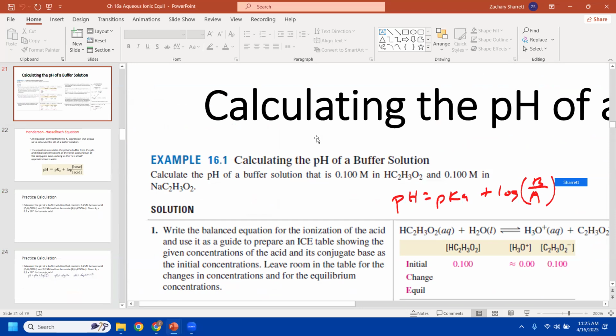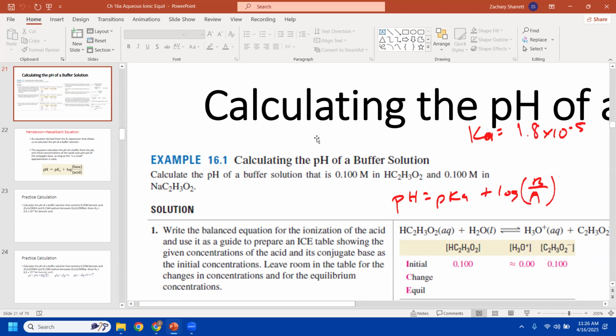And what was that value that you were asking about, Nana? The Ka value? What was the Ka value for this one? You have it in your notes? It's like 1.5 times 10 to the negative 5 or something. 1.8 times 10 to the negative 5. So we can calculate the pKa from the Ka, right?